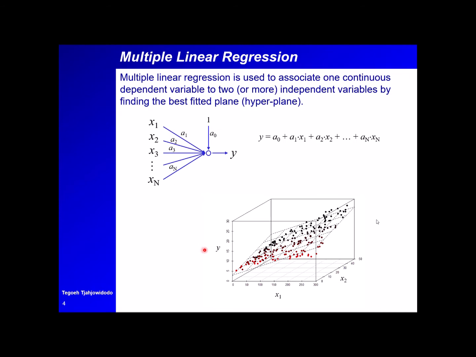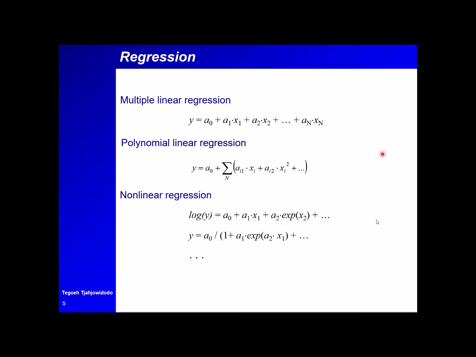How to find the relationship of this function, we have already discussed in the regression topic last time. We can also extend it even further, more than just a linear function.